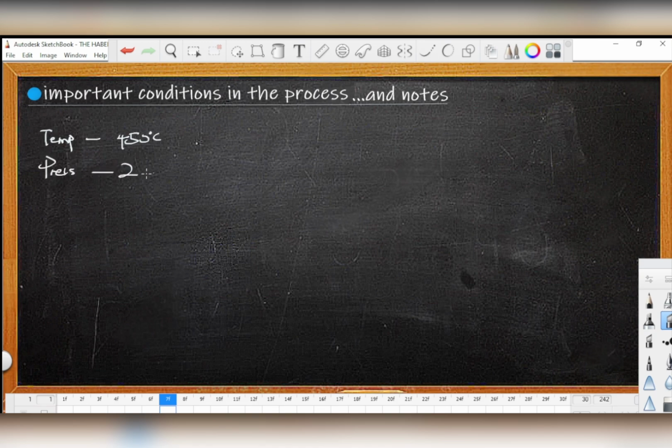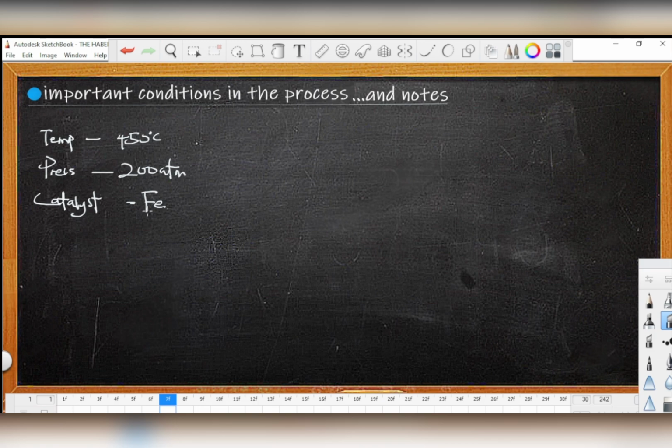The pressure is 200 atmospheres. And the catalyst is iron catalyst. These are the conditions in the Haber process.